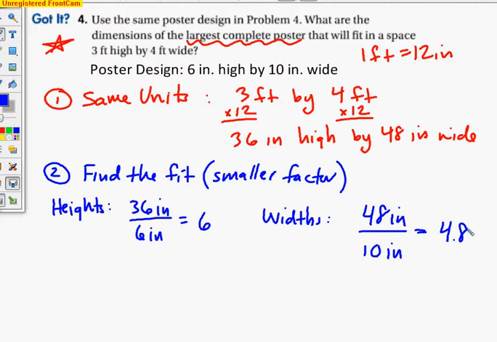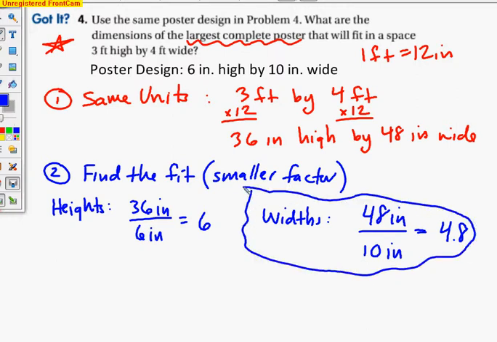This is the winner. So what this means is we are going to fit the width. The width wins. This is the fit. That means your width is going to be the entire width of 48 inches. But now we need to figure out, okay, then what's my corresponding height going to be?